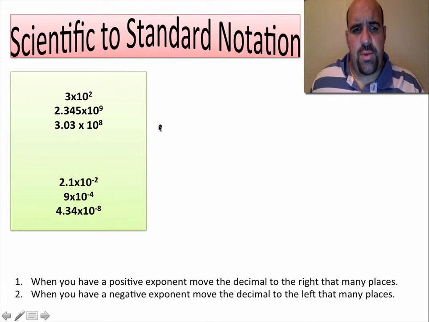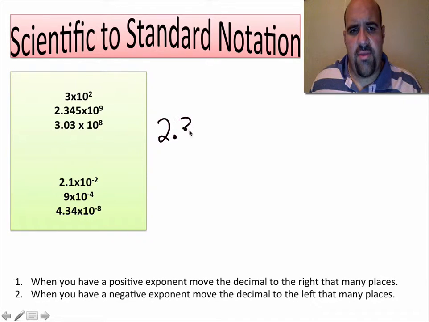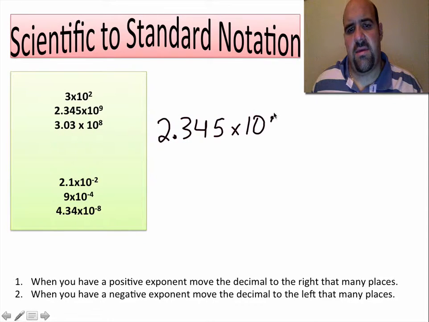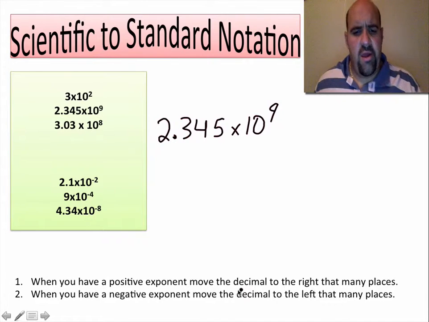And this next one, 2.345 times 10 to the ninth. The rule is when you have a positive exponent, which we do, positive 9, all you have to do is move the decimal point to the right that many places. So I have to move this decimal point 9 places to the right.